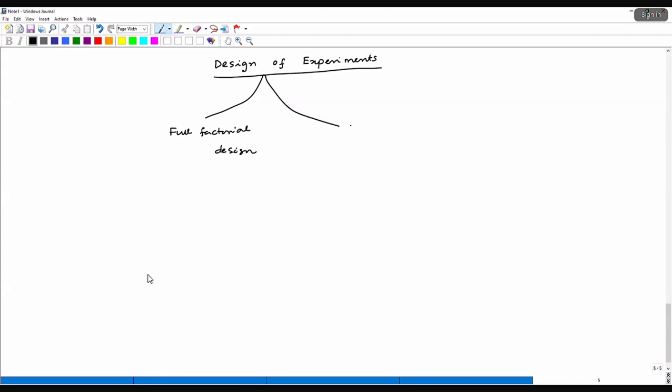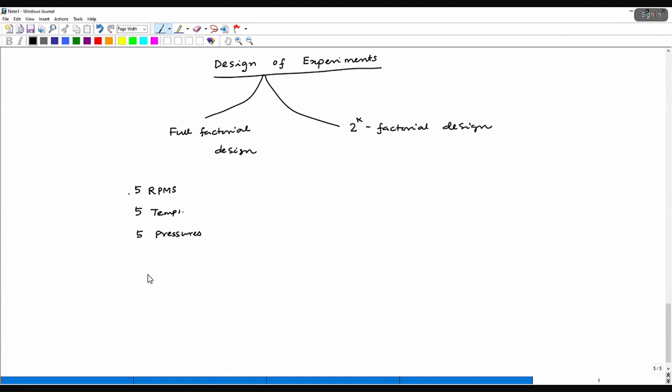The other one is 2 to the power k factorial design. What is full factorial design? So let's say you are talking about the engine performance, and you are talking about 5 different RPMs, 5 different, let's say, temperatures, and 5 different pressures.